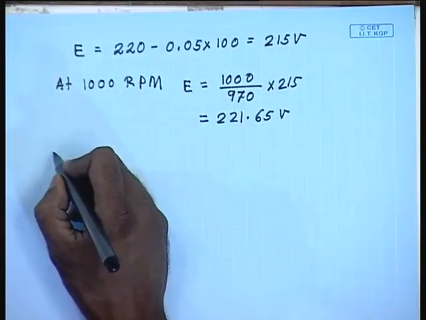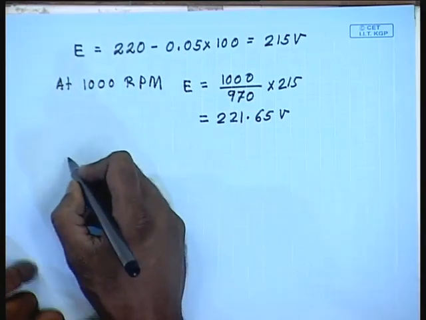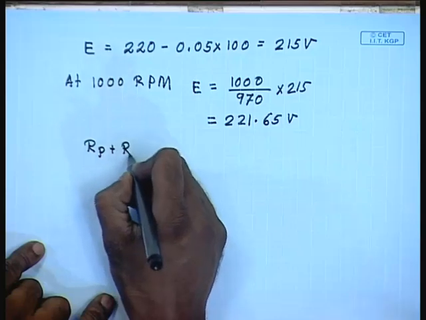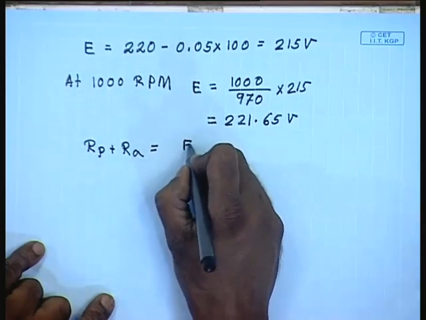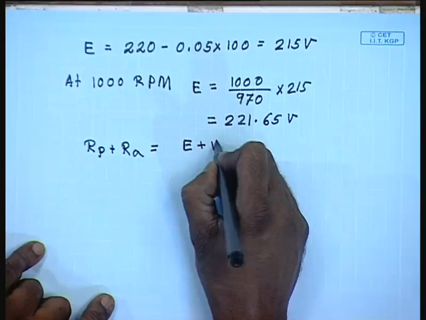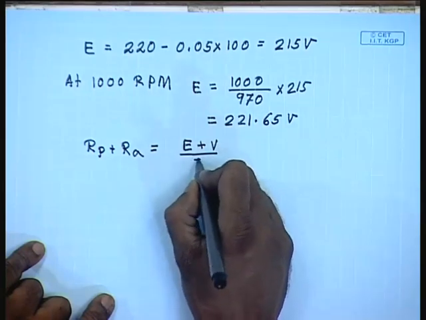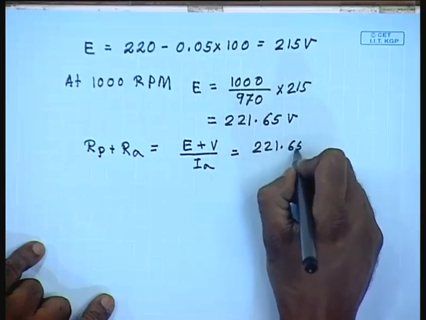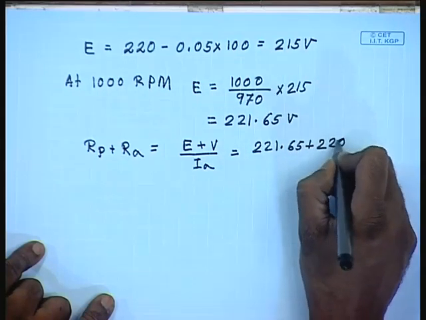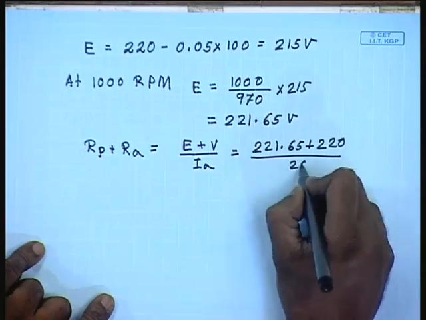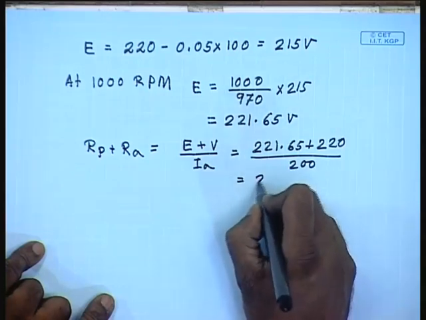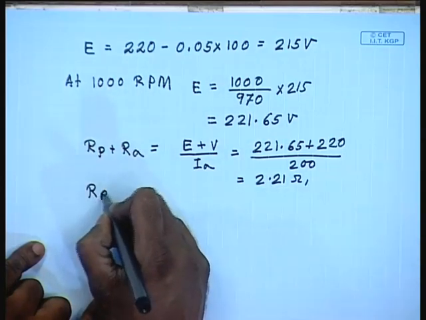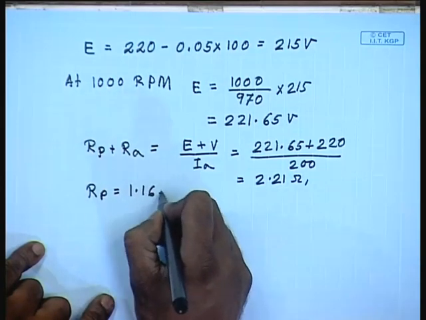So, if I want to restrict the current to 200 ampere, then R P plus R A equal to E plus V divided by I A, this is equal to 221.65 plus 220 by 200, this is equal to 2.21 ohm. Hence, R P will be 1.16 ohm.